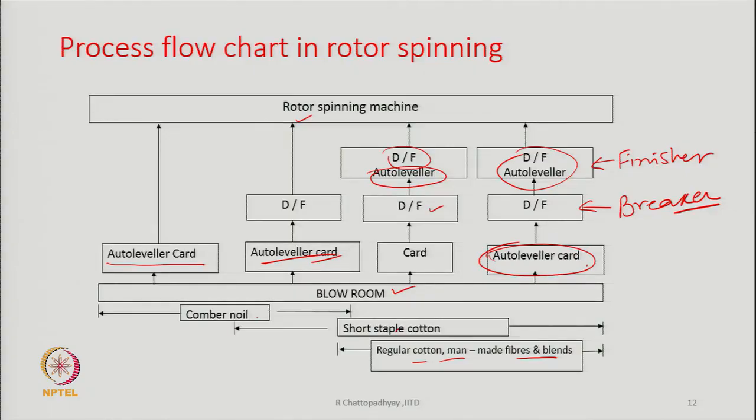Depending upon what the buyer needs and how much he can pay, we have to choose the processing sequence. There are 4 processing sequences described here, and depending upon the quality and count of yarn that the buyer is looking for and the payment he can make, we choose one of them.